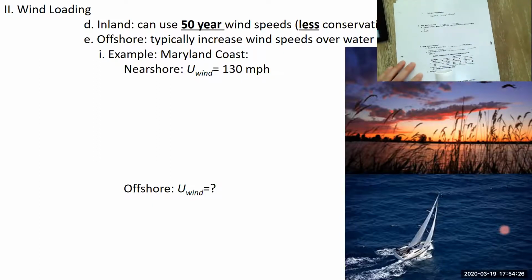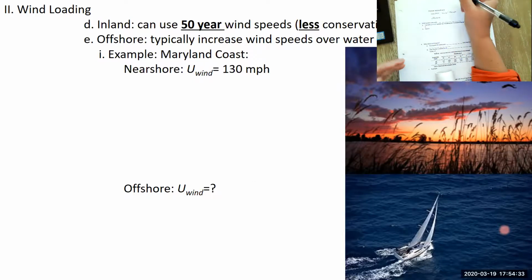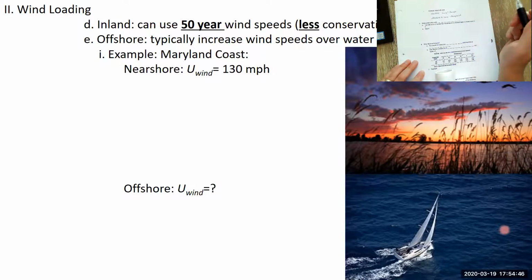So if I were to tell you that you had to consider an offshore structure, and it was far enough offshore that you felt like there wasn't going to be any roughness, then you have U wind would equal 130 miles per hour times 1.1. So we're increasing it by 10%, which would be 143 miles per hour. And typically all of the offshore structures we design, if we say offshore, you want to increase your wind speed unless specifically told not to.